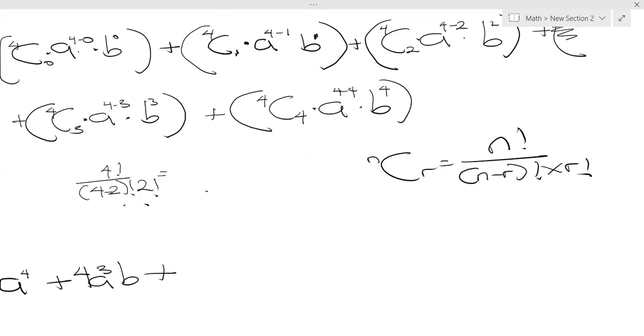So 4 minus 2 is 2. So we have 4 factorial over 2 factorial times 2 factorial.